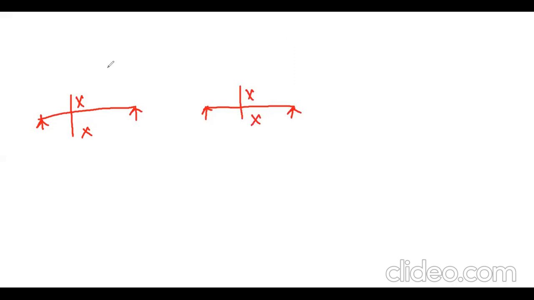Now in the first case I will be placing the unit load here. You know this distance is x and this distance will be L minus x. It is the same thing here also.